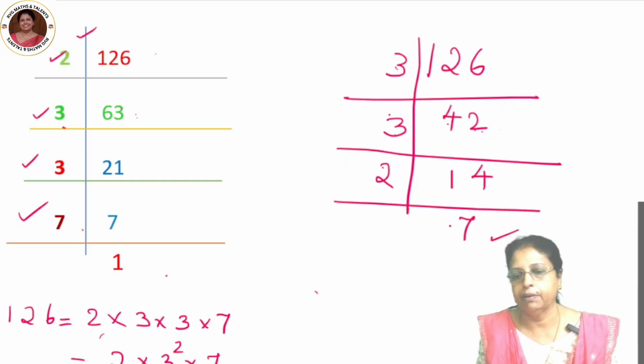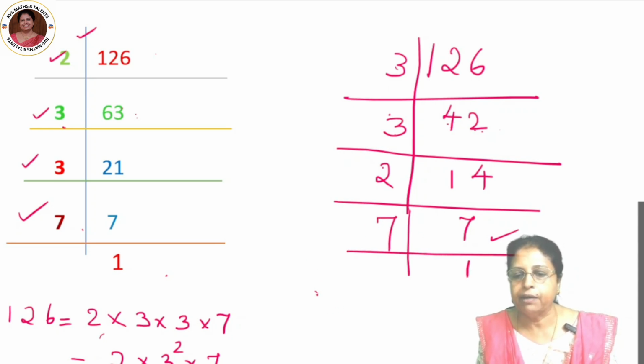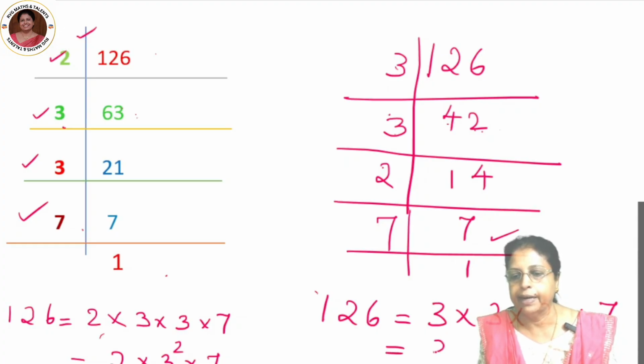7 is a prime number. So 7 can be divided by 7, we will get 1. So what are the prime factors here? 126 equals 3 times 3 times 2 times 7. So this can be written as 3 square times 2 times 7. See, the same factors.